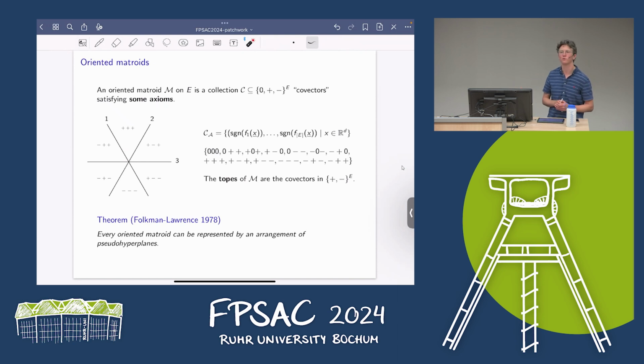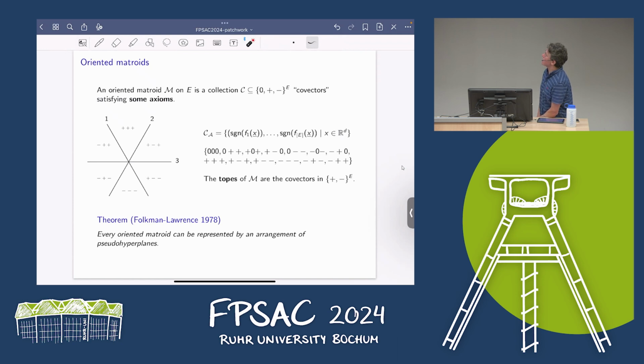These are the covectors that are just plus and minuses. And they correspond to these regions of top dimension, so regions in the complement of the hyperplane arrangement. And you know, here they look like polyhedra, so topes are a generalization of polytopes.